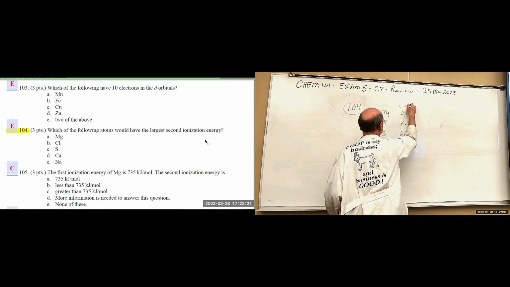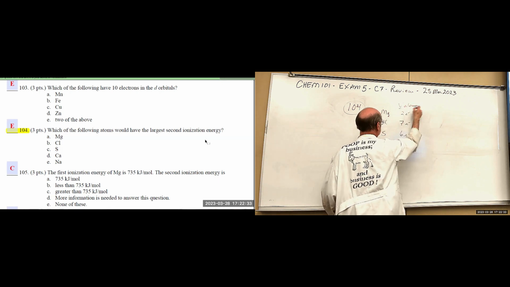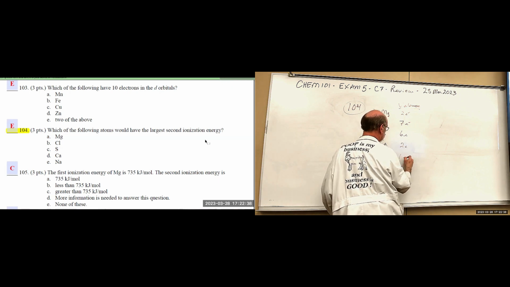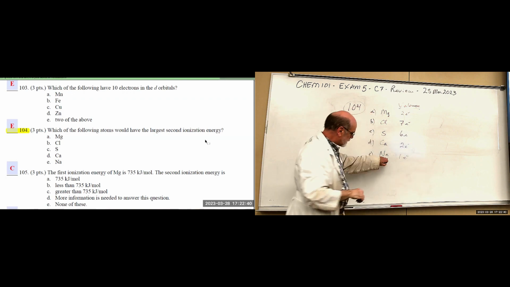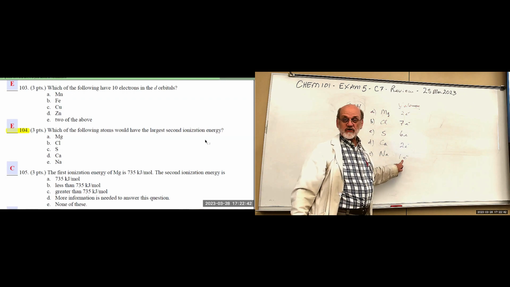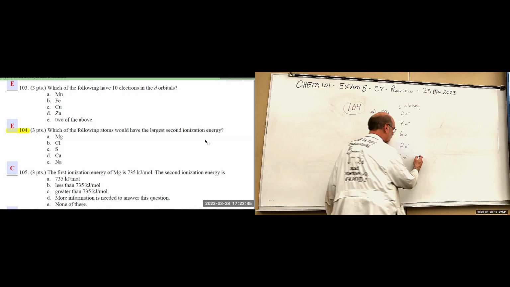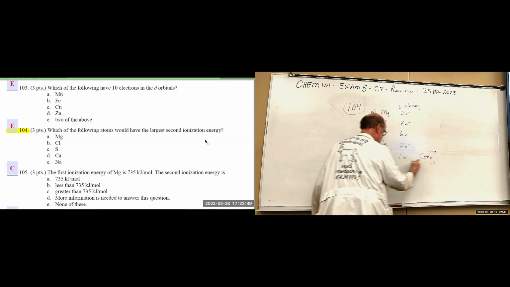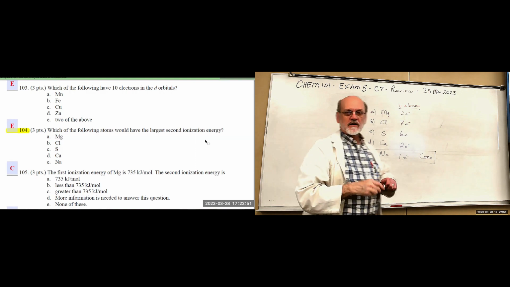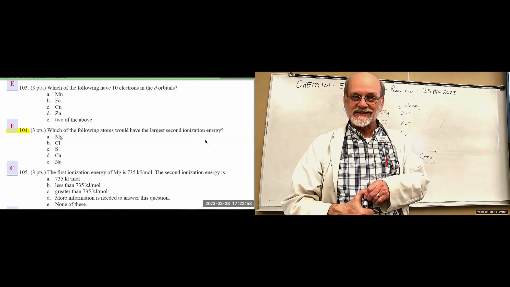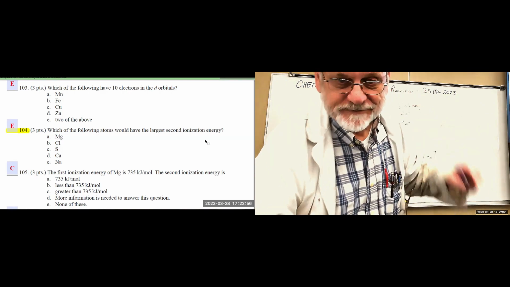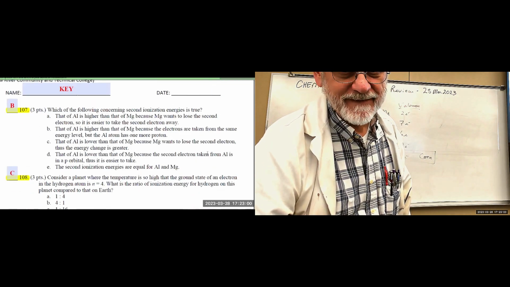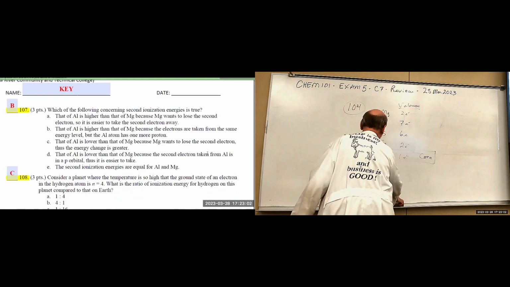These are valence electrons. Calcium has 2. Sodium has 1. If you take that electron out and then try to get the second one, you're in the core. That makes sodium the best candidate for the largest second ionization energy. Okay, 107.